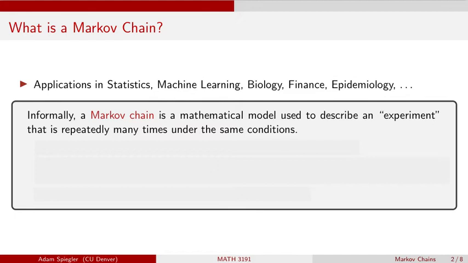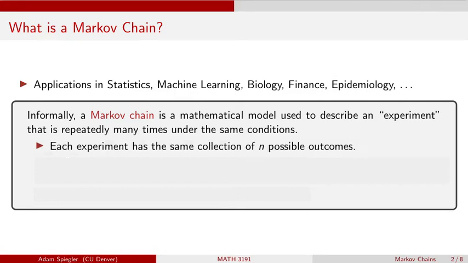If it's sunny today, there's always a 90% chance that it's going to be sunny tomorrow. And for each of these experiments, we have a fixed number of possible outcomes. We have n possible outcomes, and those possible outcomes are the same at every time. In our weather example, we had two possible outcomes.